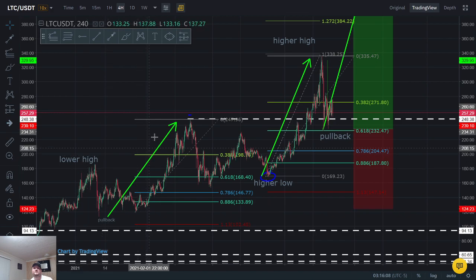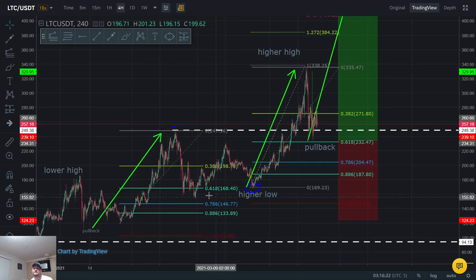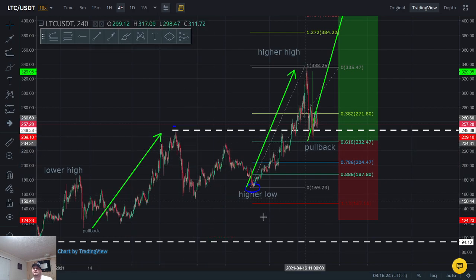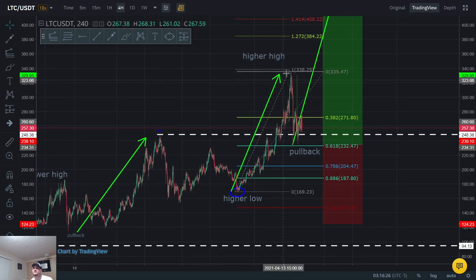So this is the last impulse leg to 245, 250, and that's like if price pulls back down to 170, I'll buy. Well, I bought one here at 195, and I bought some more. But now, the next trade, we've pushed all the way up here to 330, 332.